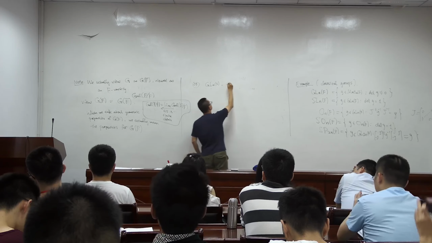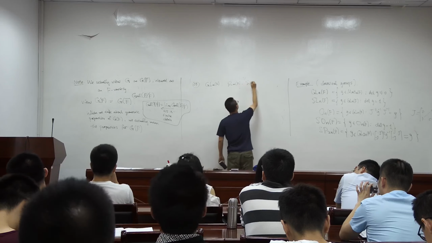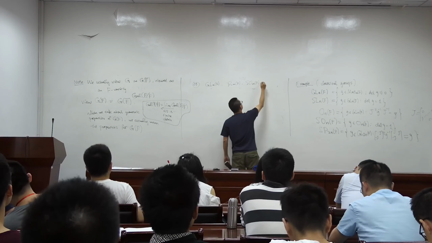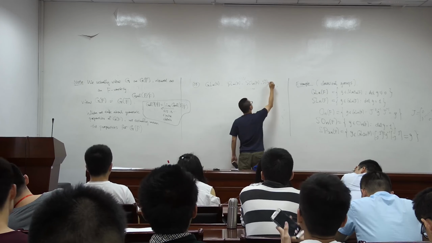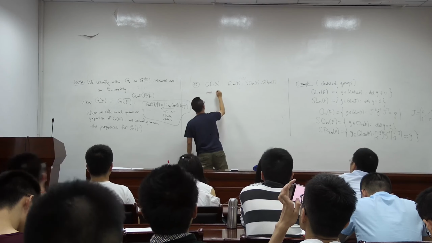the general linear group, special linear group, the special orthogonal group, and the symplectic groups. They are connected.